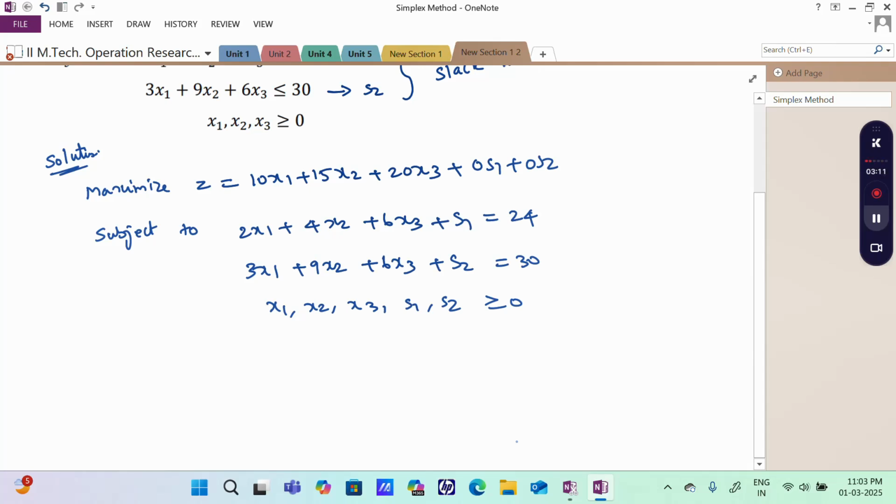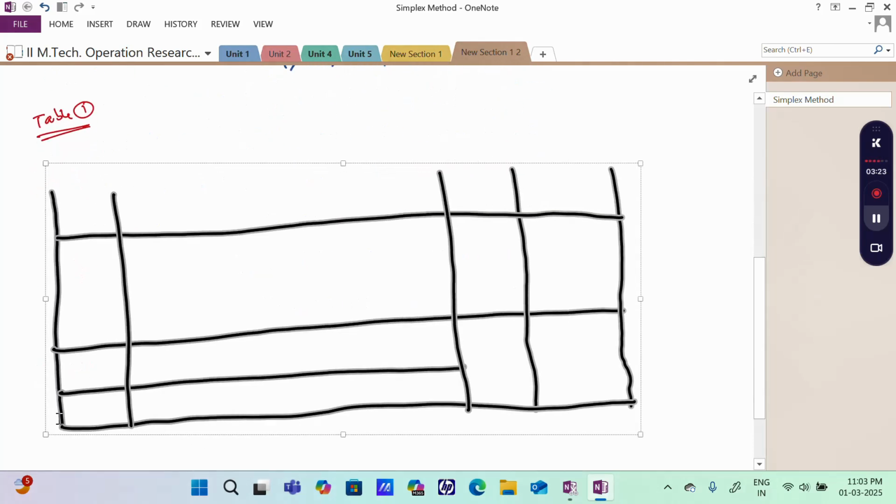Now table 1. Just draw the table. This is the form of the table.